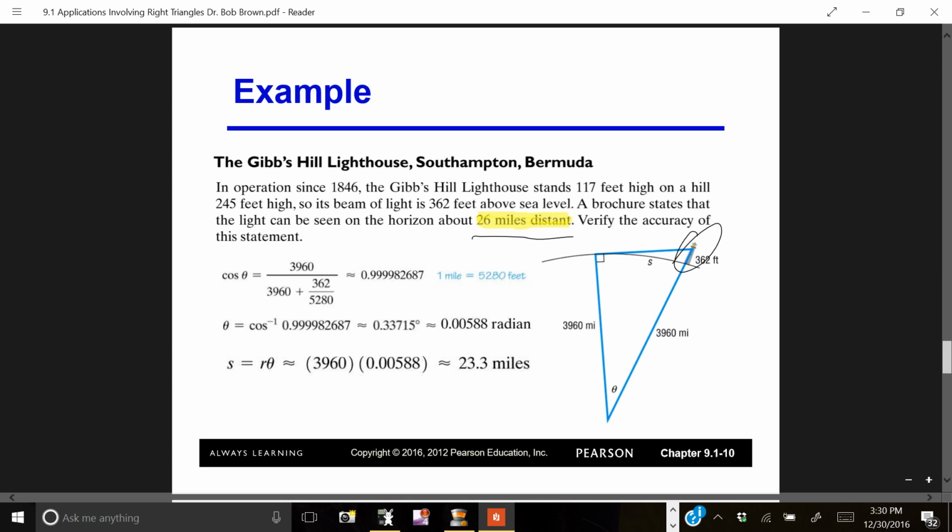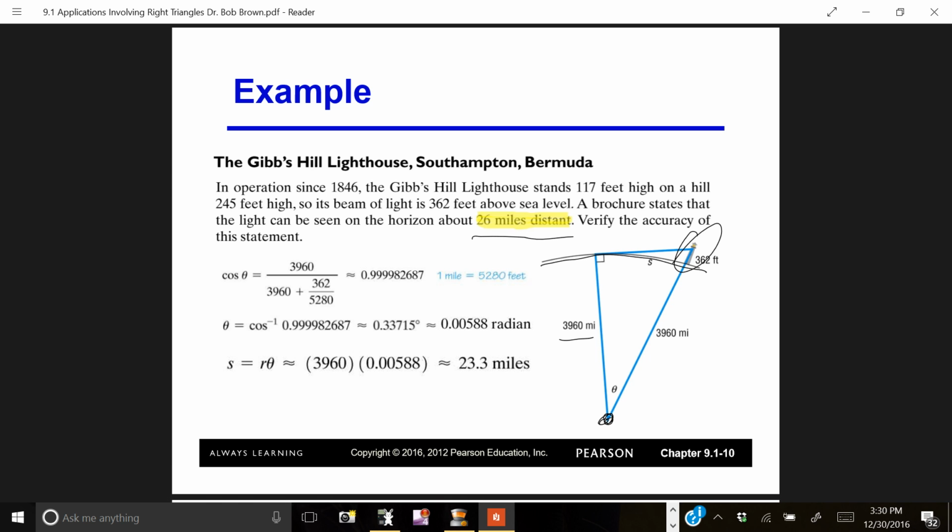Now, drawing an arc of the earth, with this point being the center of the earth, and the earth being about 3960 miles in radius.